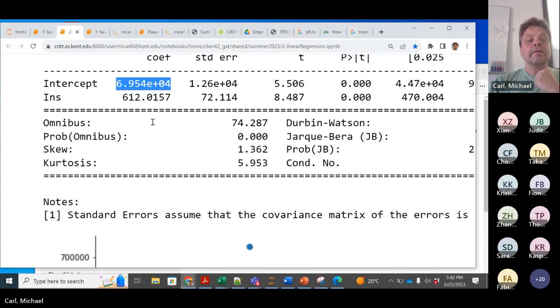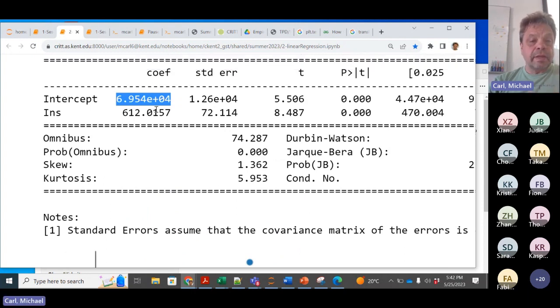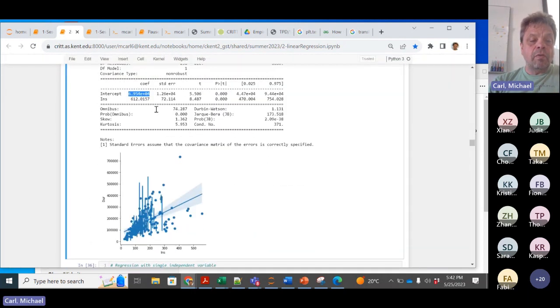So this intercept means that if no keystroke is produced for translating a segment, then we already use 60 seconds, right? 60,000 milliseconds is 60 seconds.